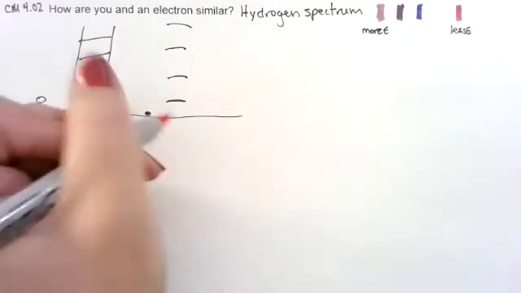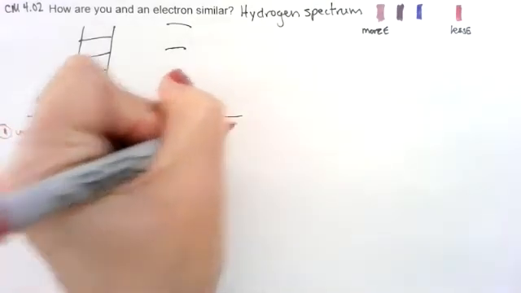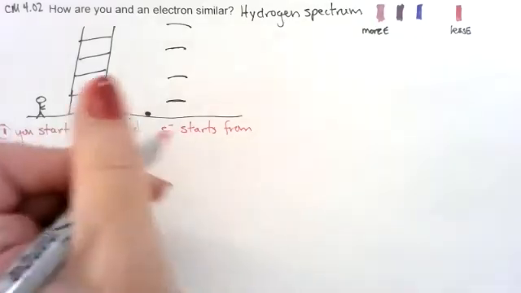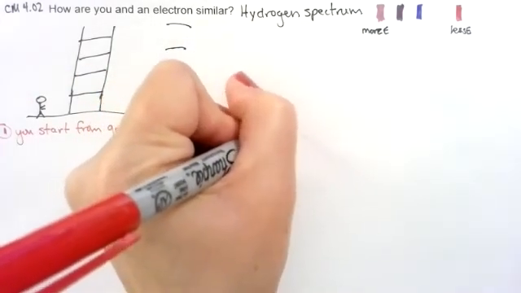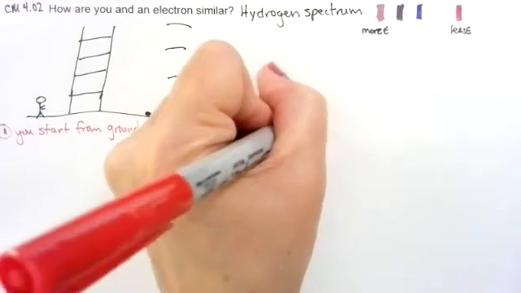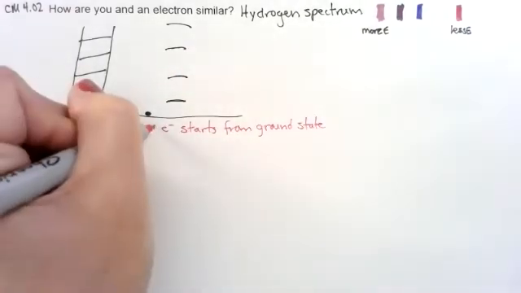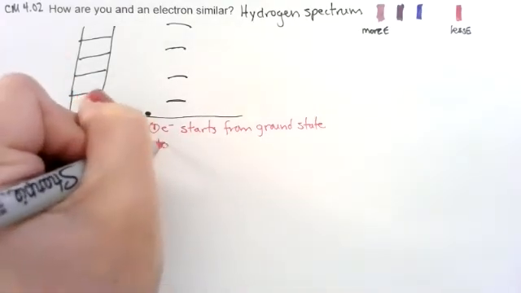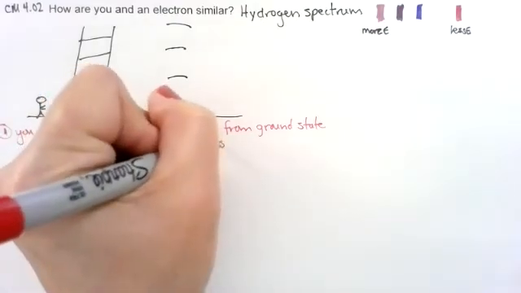An electron starts from the ground state. So we call the starting point for an electron the ground state. And we define that as, so this is 1 for the electron, ground state is the location closest to the nucleus.